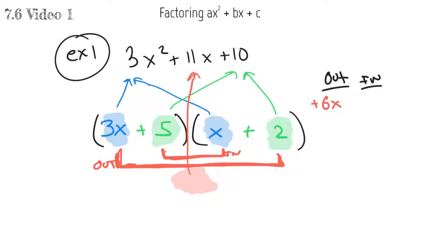And then 5 times x would be plus 5x. 6x plus 5x is 11x, and that's what I wanted. So the outsides and insides do add up to 11x, and that's why this is the answer. With these problems, it ends up being some guess and check, trying to make the outsides and the insides work. So let's get to a brand new problem here.